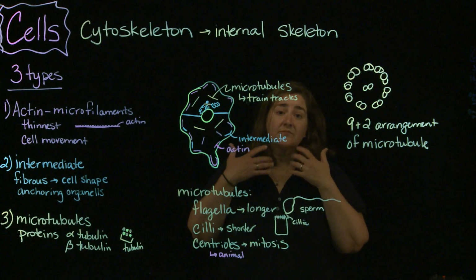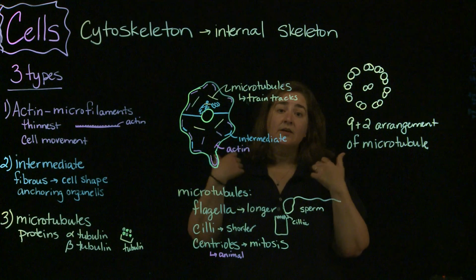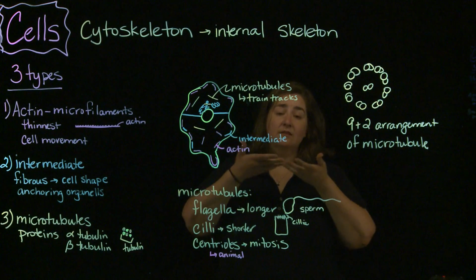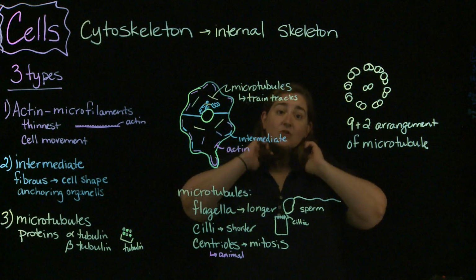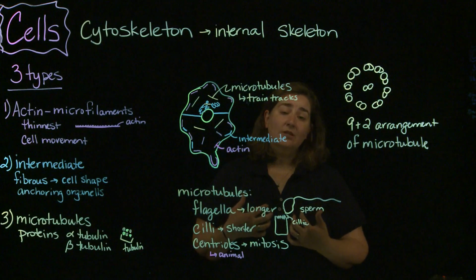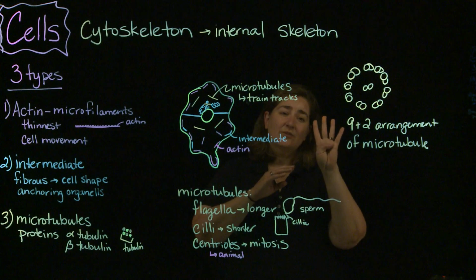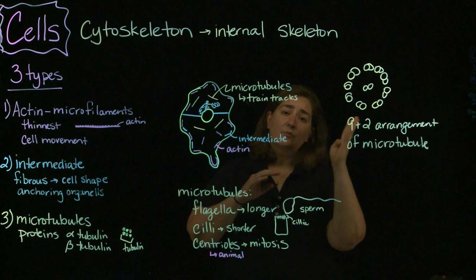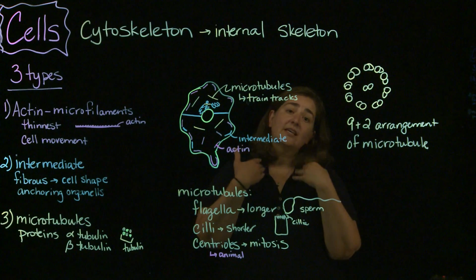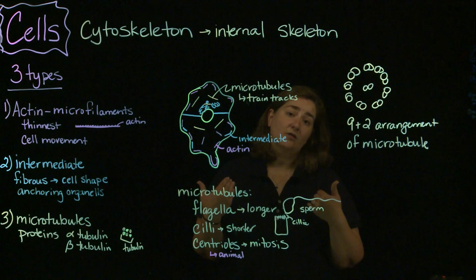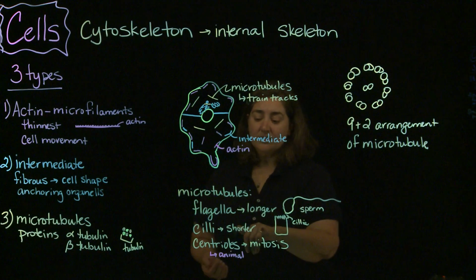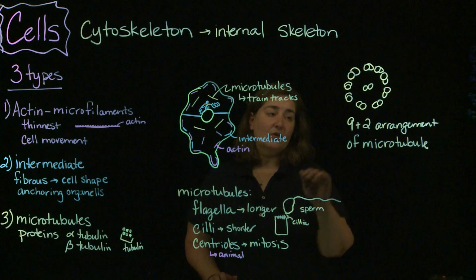So the trachea has ciliated cells because you want to prevent the dust and other stuff that you breathe in from going down into your lungs. All right. The cilia, you can kind of think of them as fingers. They kind of beat and they kind of move in the case of your trachea to keep particles from going down into the lungs. All right. So cilia are going to be shorter, sperm are going to be longer.